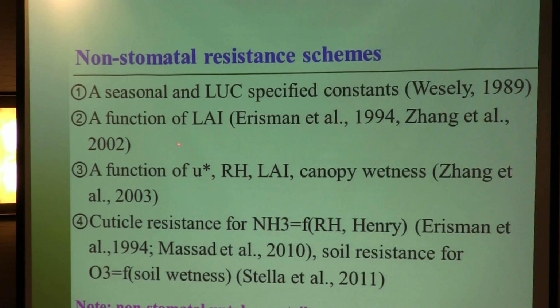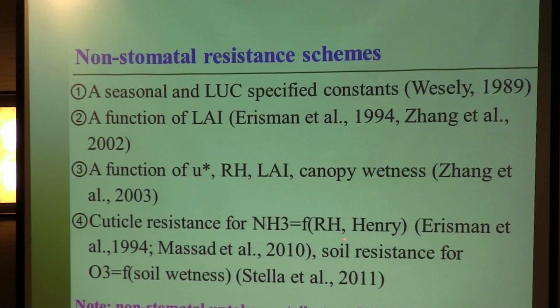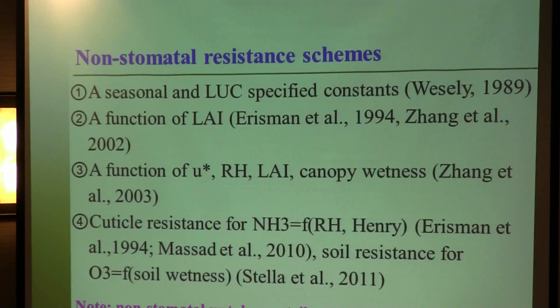Later models include more parameters such as the leaf area index, or, like a model we published in 2003, also consider friction velocity, relative humidity, and canopy wetness. For some particular gas species such as ammonia, some models also have different parameterizations considering relative humidity or Henry's law constant.